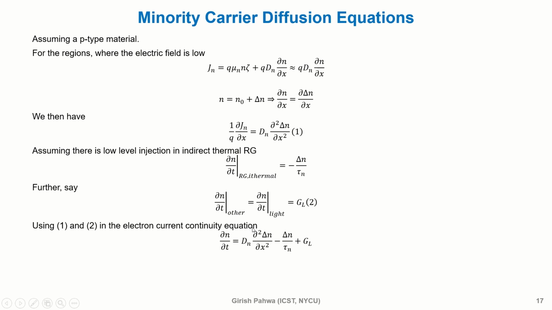Under some assumptions you can ensure that this term goes away or that term goes away, so it becomes a function of only time or only x, but in general it's a function of time and x both. This is for electrons in a p-type material. You can have a similar equation for holes in an n-type material. So this is the equation for minority carrier diffusion.